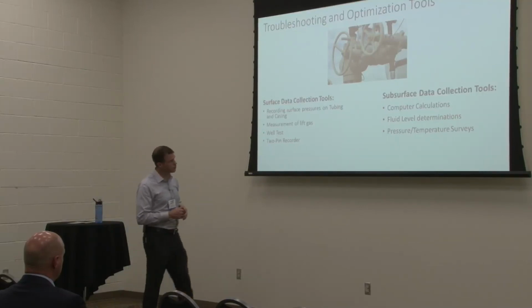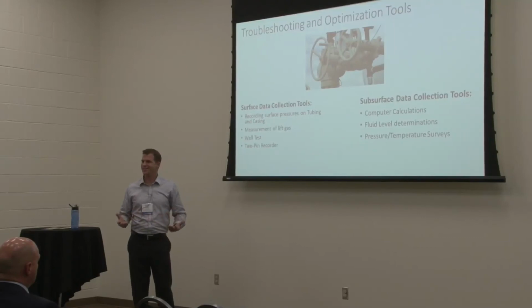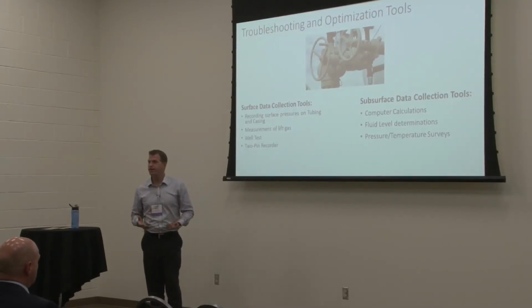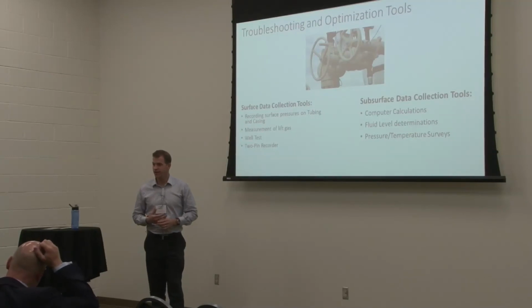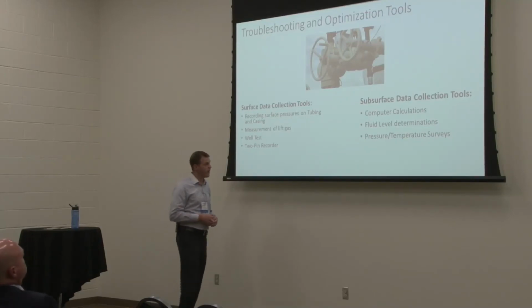Some of the other tools we use to collect data, I guess you could say the cheapest and easiest is computer calculations. You could put in different scenarios with the models and allow it to give you an idea as to where and how you should be operating the system.